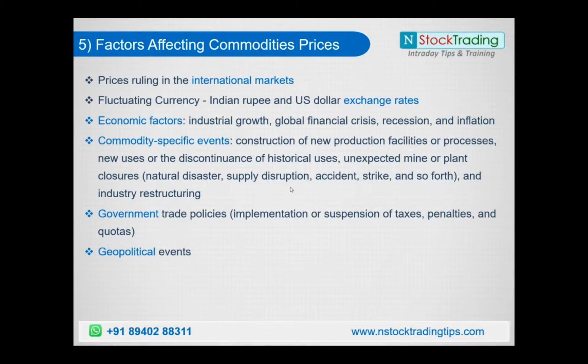So we know that commodities prices keep changing very drastically in a fast way. And why do these change? These are all the factors that are affecting the prices of commodities. Now, I just want you to be aware of this so that you know why the price of commodity keeps changing. Because the price of commodities is not like the stock market.